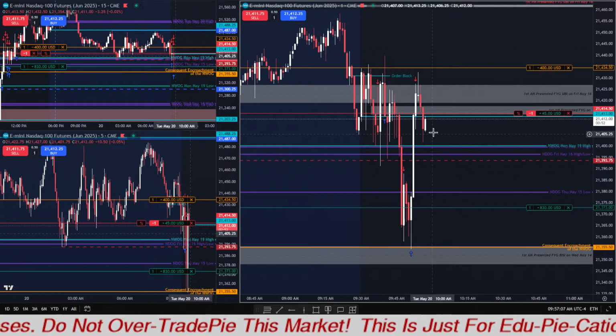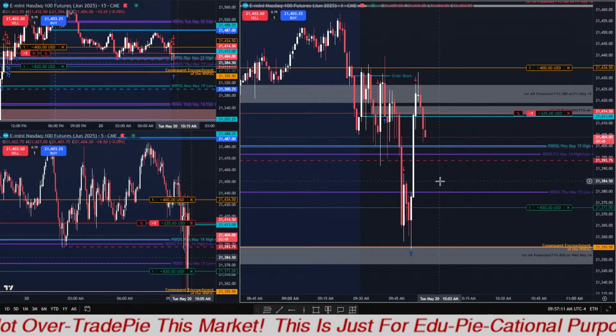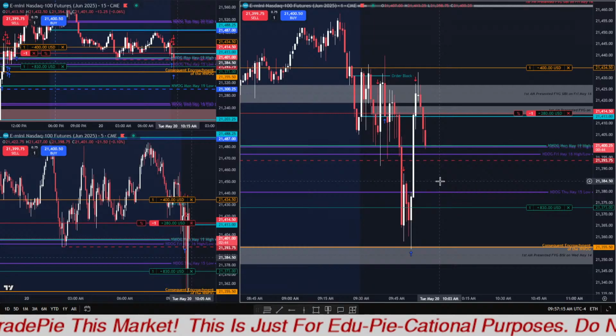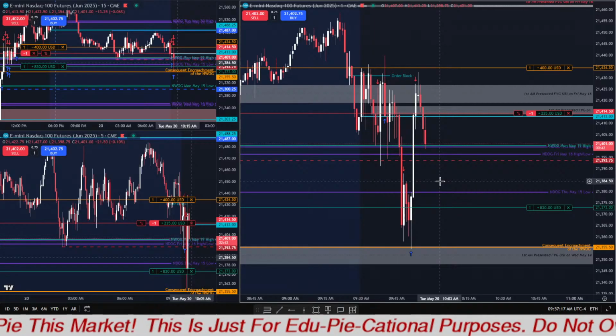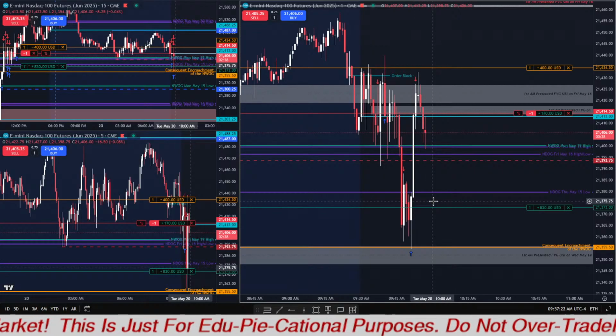I'm expecting to see a run lower, something like a big red candle, like this white one, but a big red candle.